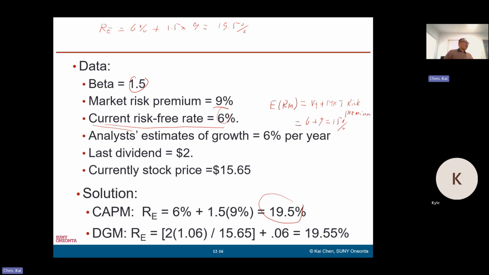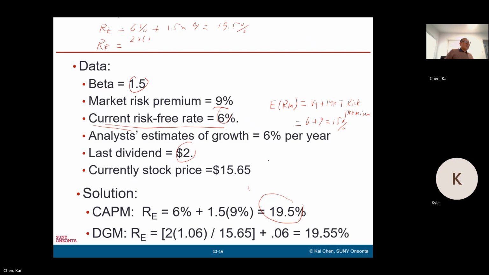Now let's use the dividend growth model. RE, the cost of equity, equals dividend zero times 1 plus g, divided by P0, plus g. Dividend zero is $2.